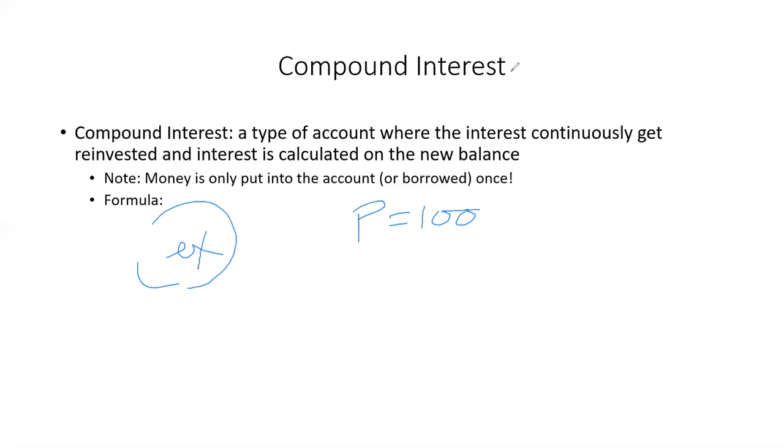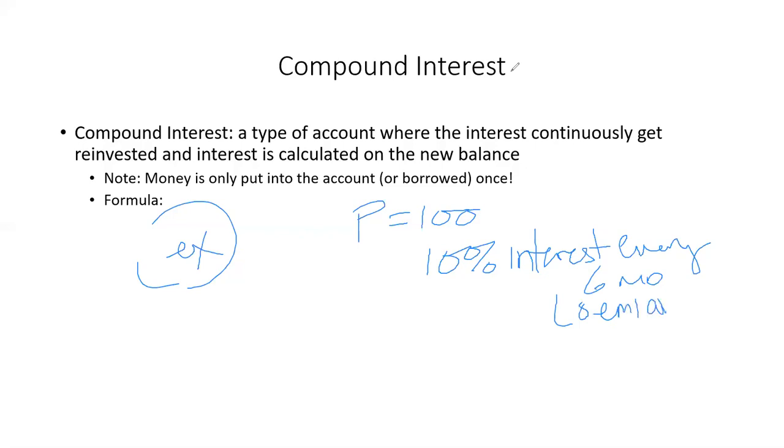But let's say that we deposited $100 into a compound account, and we get 10% interest every 6 months, or in other words, semi-annually.